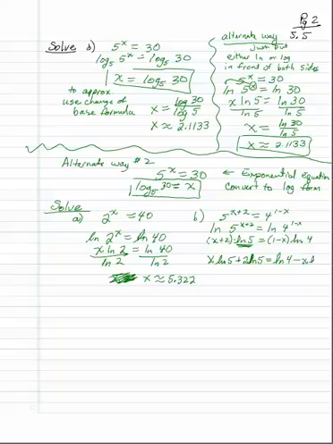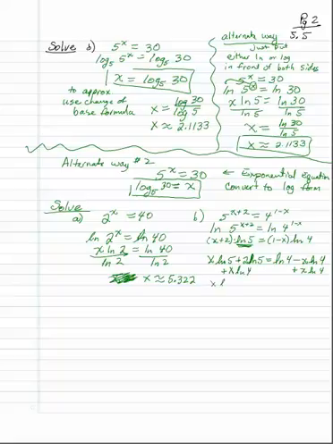minus x ln 4. Now from here, again, ln 5 is just a number, ln 4 is just a number. So what I want to do is get all the x terms on the same side. So I'm going to add x ln 4 to both sides.